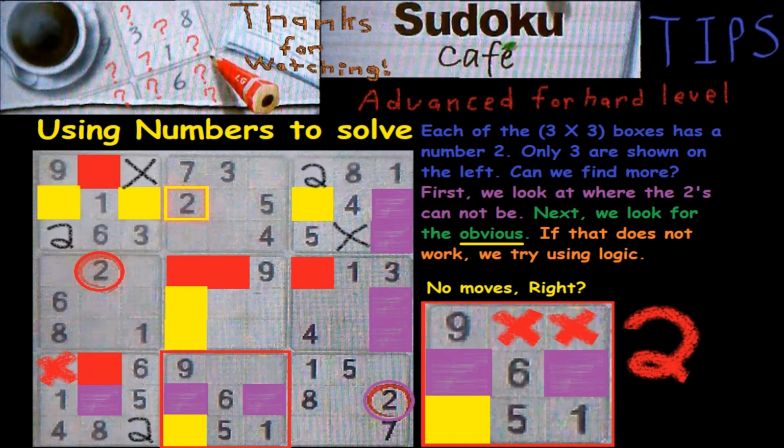That means the 2 has to go right there. So we put the 2 right there. And that also eliminates the spot right here. And that leaves us with 3 2s, which we're not going to be able to find at this time, but we'll keep note for later on that the 2s could be in any of these boxes highlighted in blue.